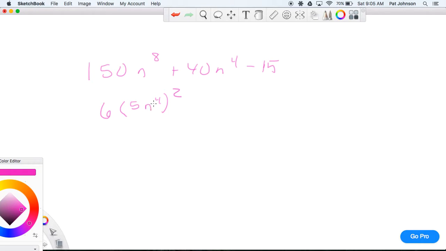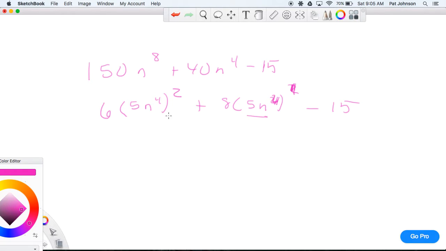That would be n to the 8th, 5 squared, and we know 25 times 6 is 150. Plus, if I want to do this, I can do 8 times 5n to the fourth, raised to the first power. Minus 15.